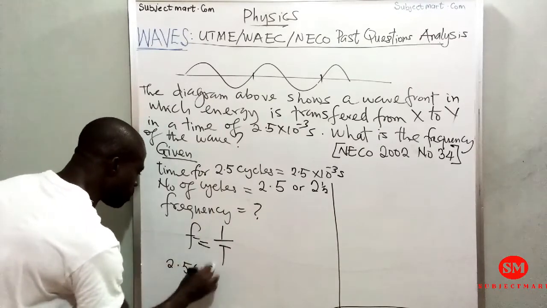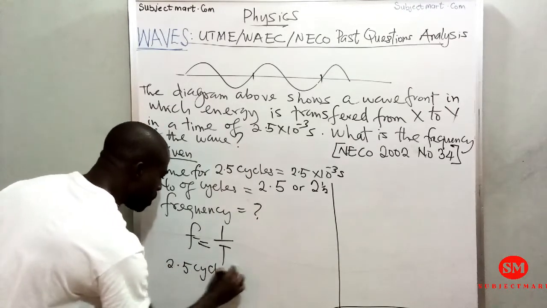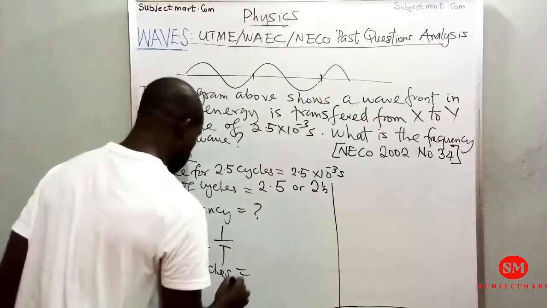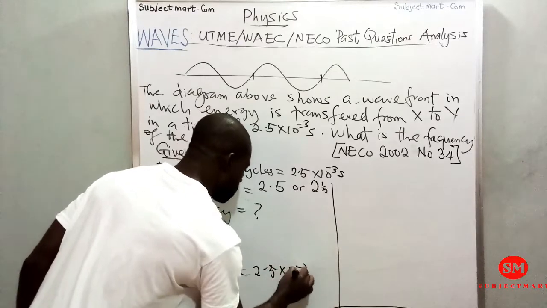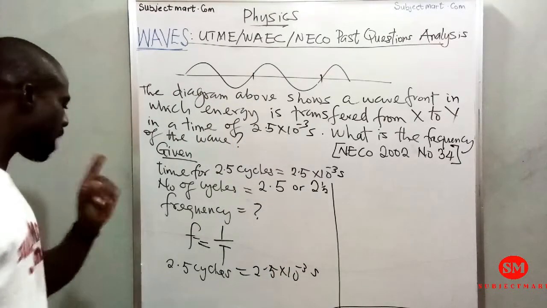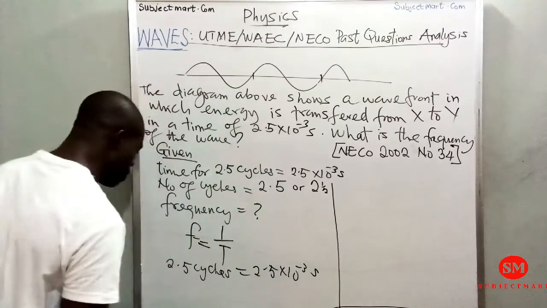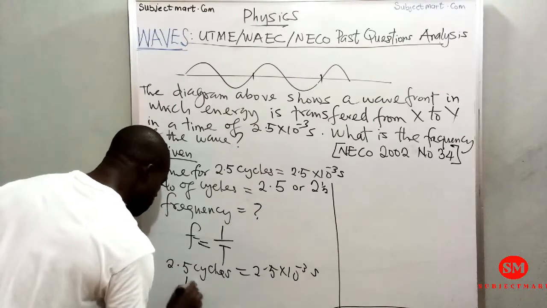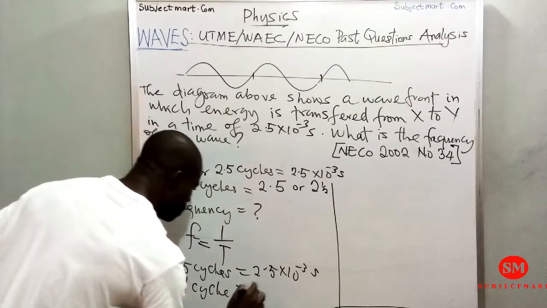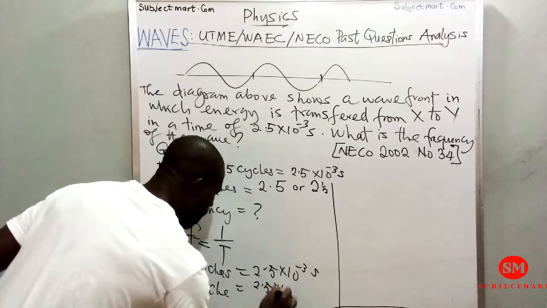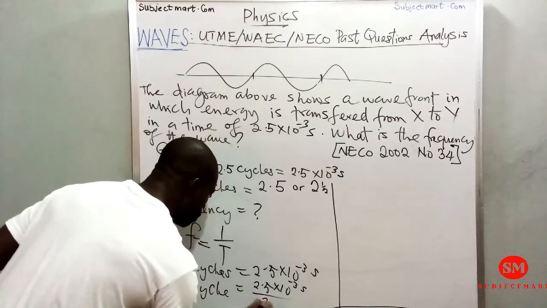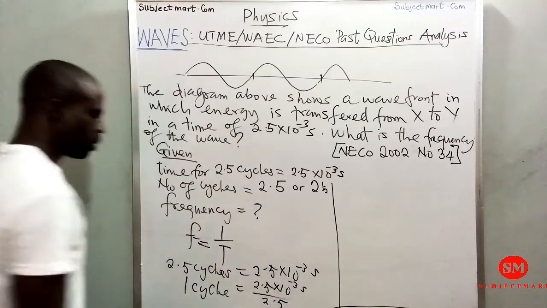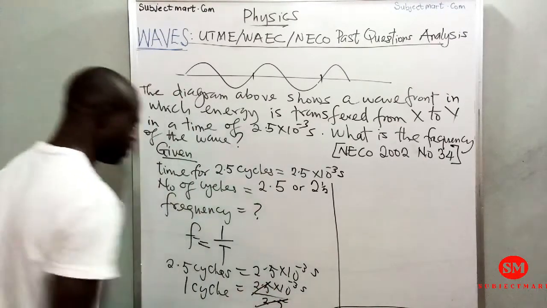2.5 cycles, the time taken for that is 2.5 times 10 power minus 3 seconds. Now we need time for one cycle, which is period. So for period, one cycle will give us 2.5 times 10 power minus 3 seconds all over 2.5. 2.5 divided by 2.5 is 1.